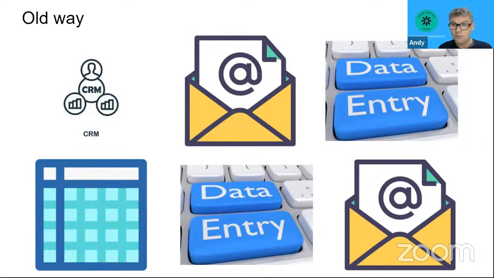Scott, feel free to jump in here, but this is the old way, pre-Zapier. You had some information which would come into your CRM system. You'd then take some of that information, send emails. You'd have some data entry, which would maybe go into a spreadsheet or into another tool. And then you've got some more communication going out to customers from that information.